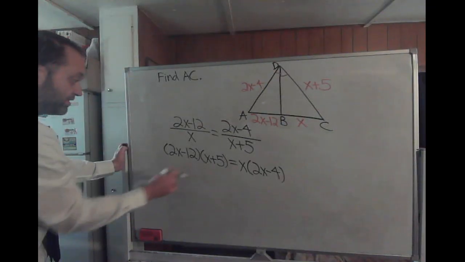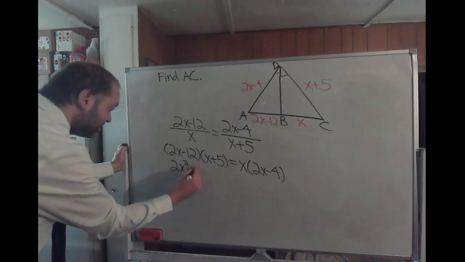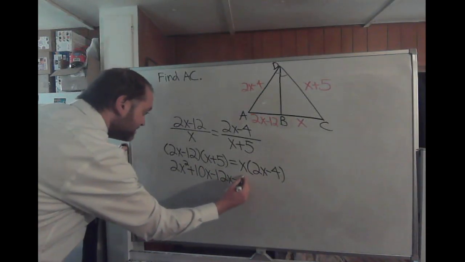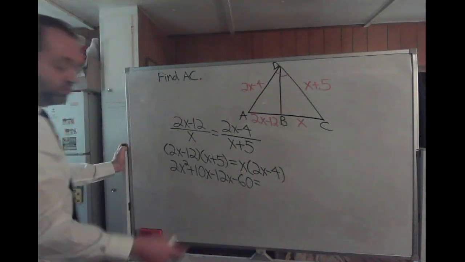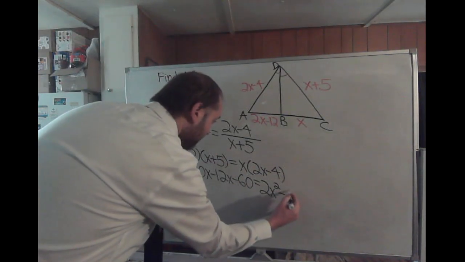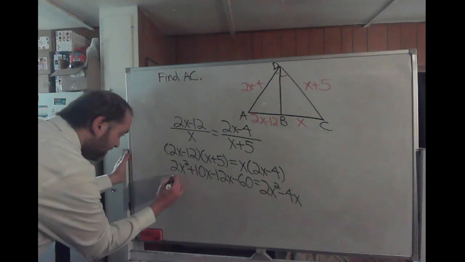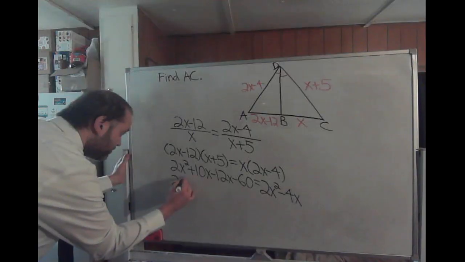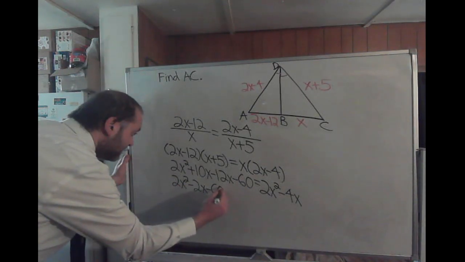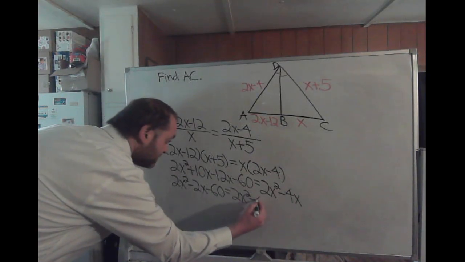Well, let's FOIL out the left-hand side. You would get 2x squared plus 10x minus 12x minus 60 equal to, let's distribute on the right side, 2x squared minus 4x. Okay. Let's simplify the left side. That's going to give you 2x squared minus 2x minus 60 is equal to 2x squared minus 4x.